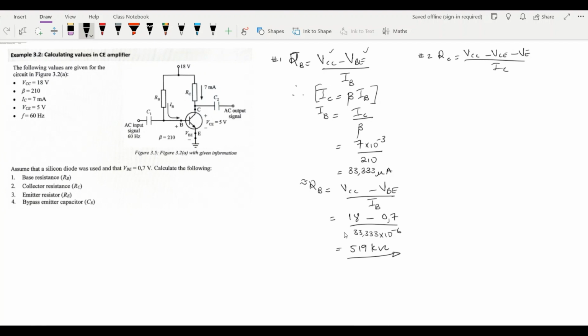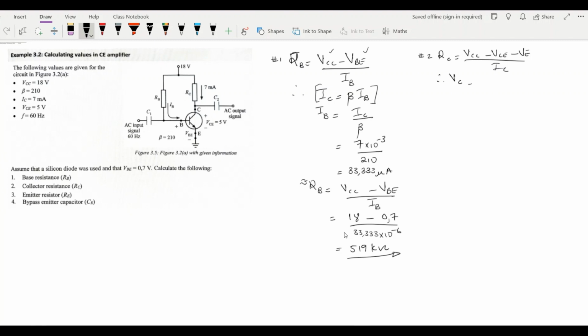What don't I have here? I do have VCC, I do have VCE, I do have IC. I've already calculated that value. This is a given value in the statement, but I do not have VE.